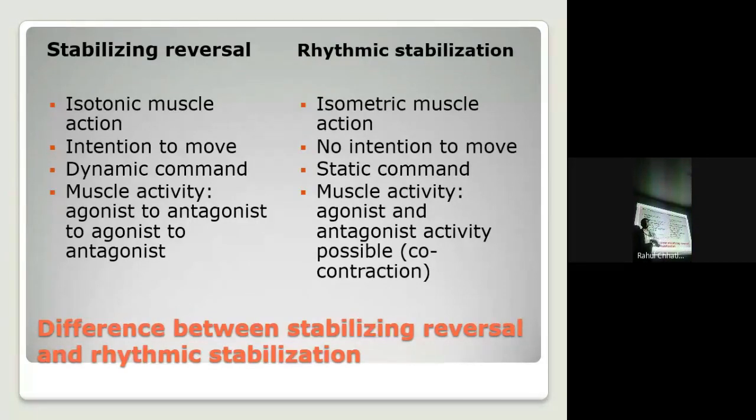Yes, you might say that will hamper the reciprocal inhibition law. If one muscle has to contract, the other has to relax. Yes, but that is only applicable when we want a motion. When a movement is required, say for example elbow flexion, at that time if the biceps contracts, the triceps has to relax, otherwise the movement will not happen. Yes, so that is reciprocal inhibition.